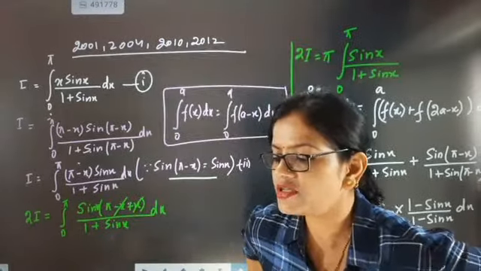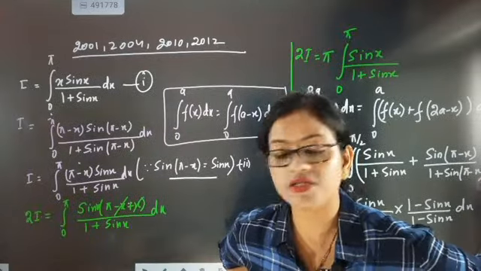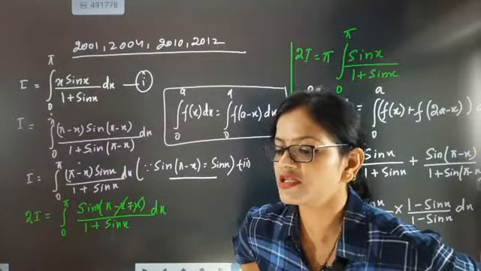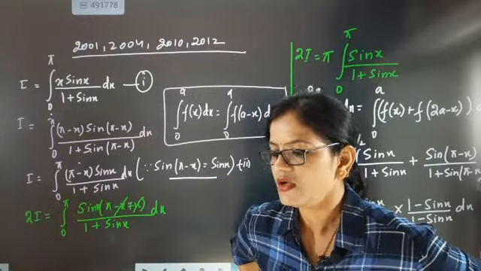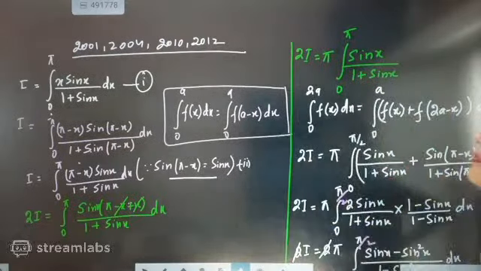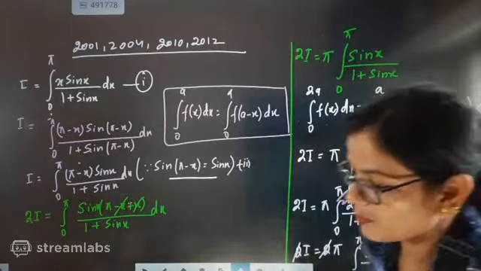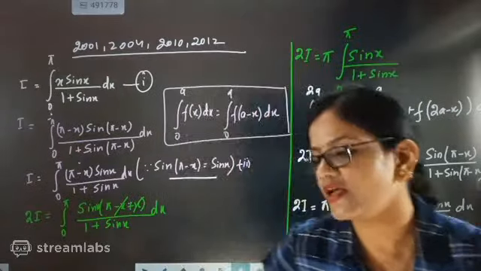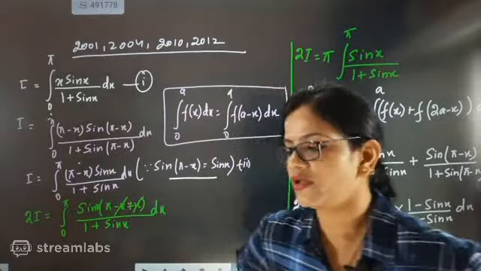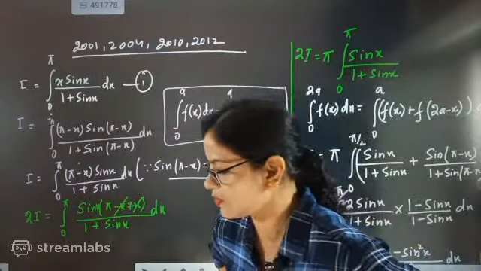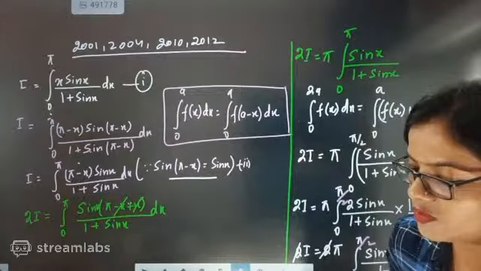That is another property, beta. I'm going to discuss that property. Till now we are at which property? Properties 5 and 6 we have done. Property 7 we are going to do.